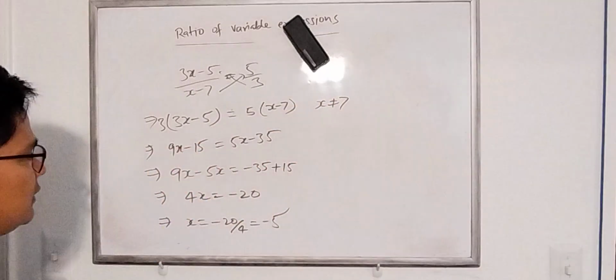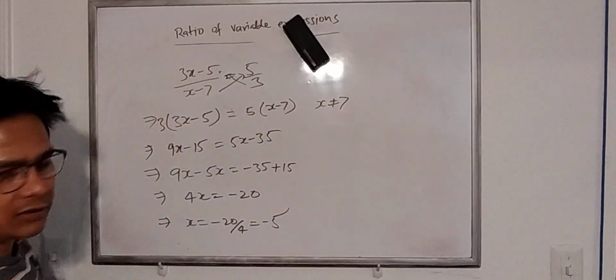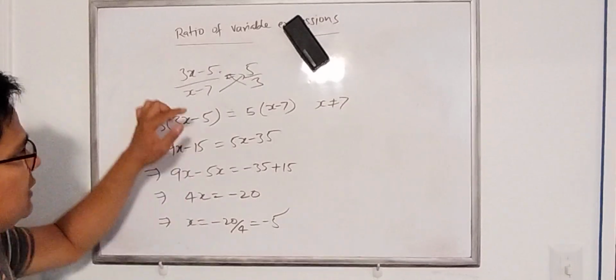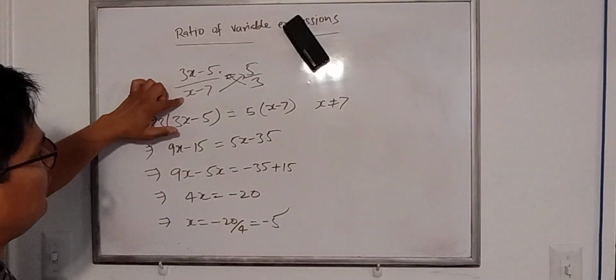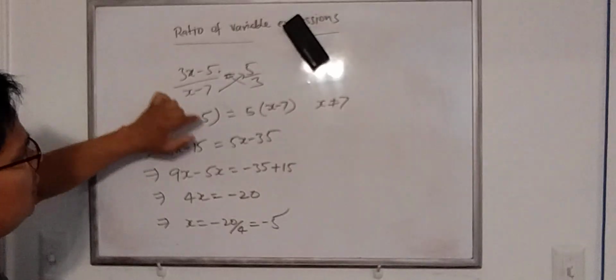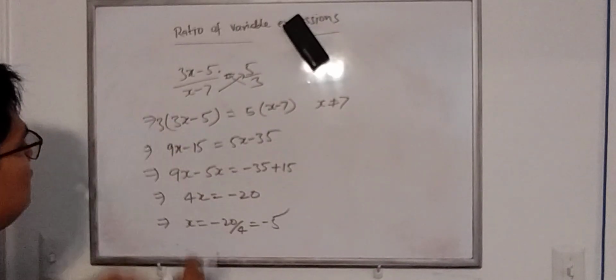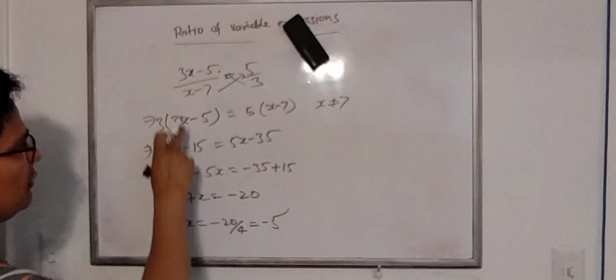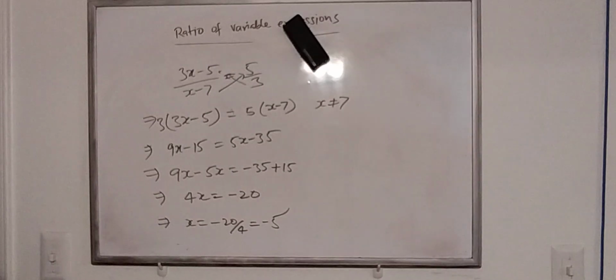You just apply the cross multiplication and make sure that if you have a variable as denominator, you are not getting a value that will make it a divide by 0 problem. So the denominator should not be equal to 0.